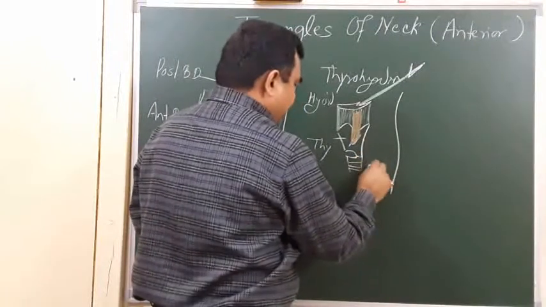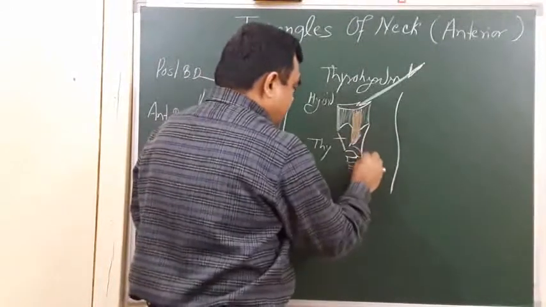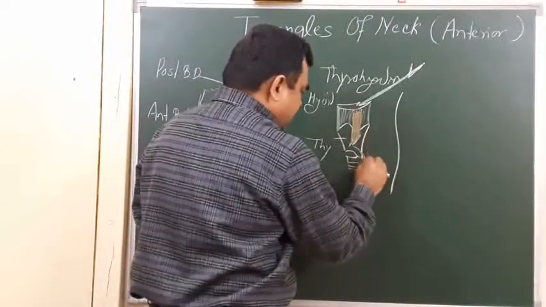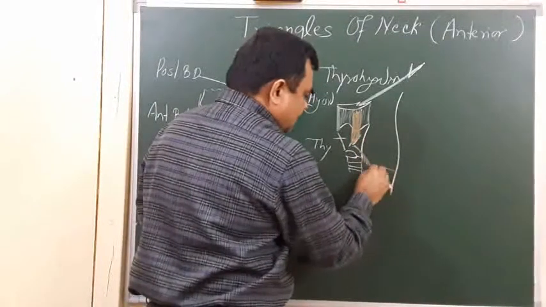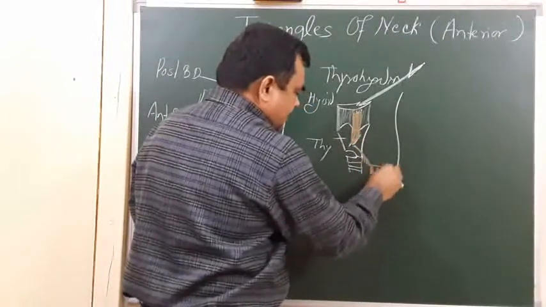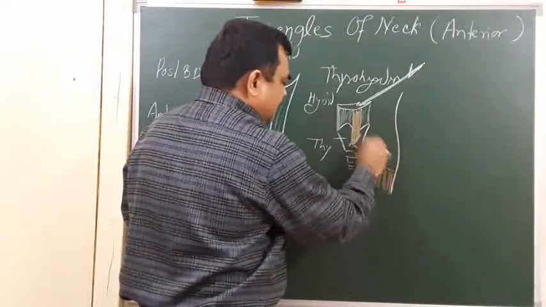Here is the position of the inferior constrictor of the pharynx. This is the inferior constrictor of the pharynx. Here is the esophagus. This is the pharynx.